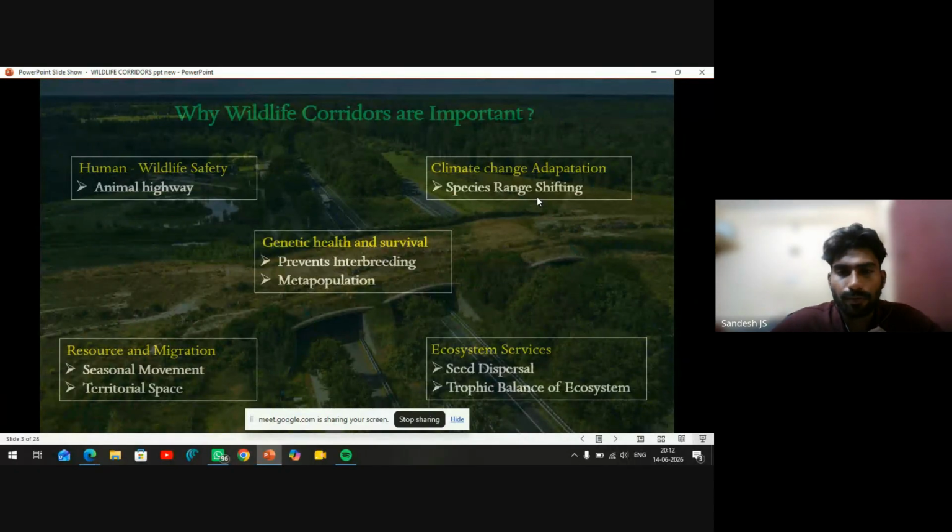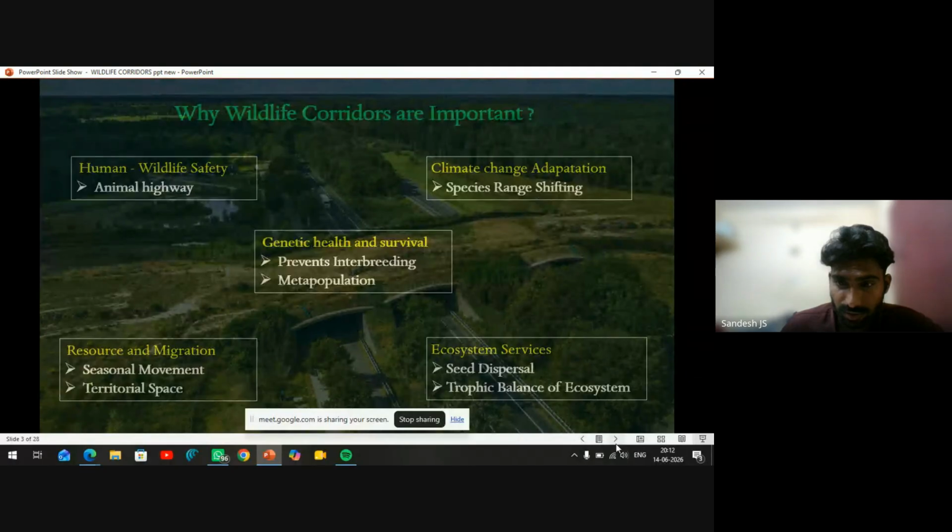Like this, the wildlife corridor plays a major part in prey predator interaction. So if a predator can move to another place by this corridor, it can help in the trophic balance of the ecosystem, like maintaining the prey predator balance. So these are the important reasons why we need a corridor.